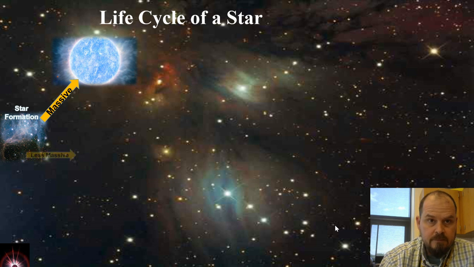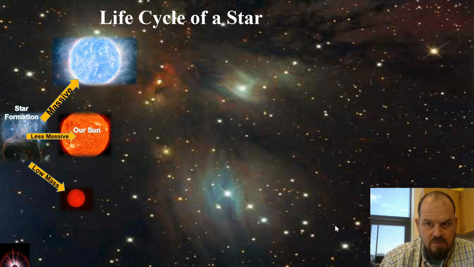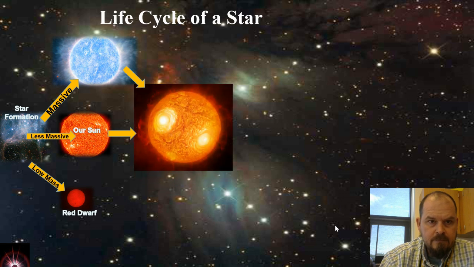We got big, we got less massive, and then low mass. Big ones are blue, smaller ones are red. Red dwarf. That's probably a blue giant. Red giant or supergiant. I see supergiants.